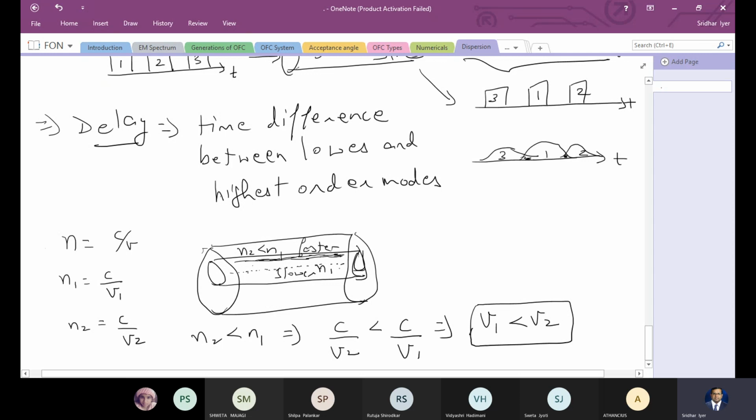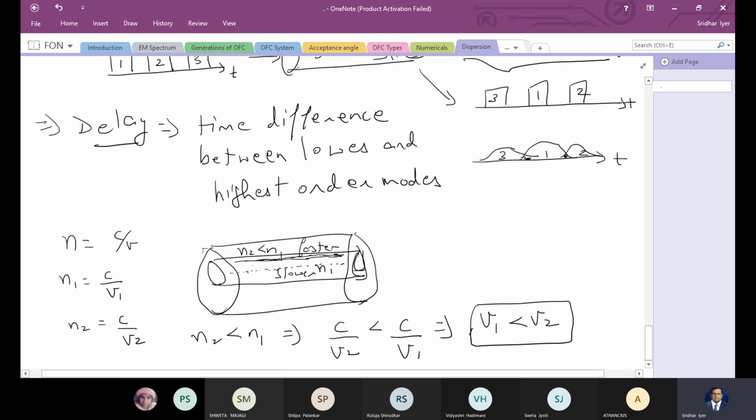So this will lead to a time difference. The mode which is closer to the boundary of core and cladding will move faster, because the velocity of those modes near the cladding is going to be faster compared to the modes which are at the axis of the fiber, that is very much inside the core of the fiber. They will be much slower.